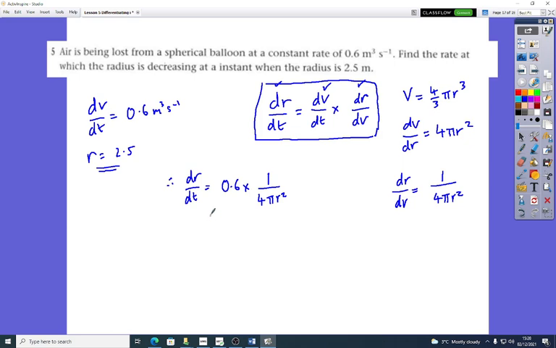So that's the same as, well, that's going to be 3/5, so that's going to be 3/(20 pi) and then the r squared is 2.5 squared. Personally, I will just plug all this in your calculator, which I'm going to do.